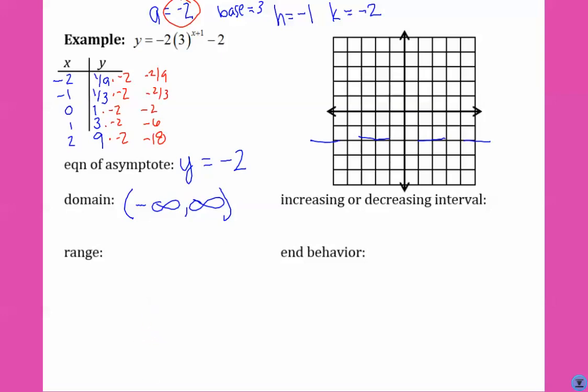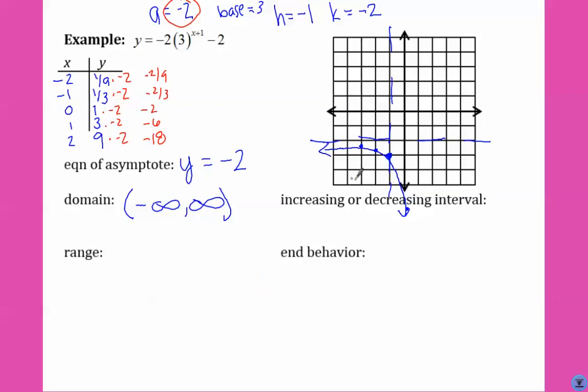I'm going to sketch in our h equals -1 to help with our graphing. So from our h and k spot, we're going to go left 2 and down 2/9, left 1 and down 2/3, 0, -2, and it's going to go off a bit, but 1, -6. So it now curves like this.